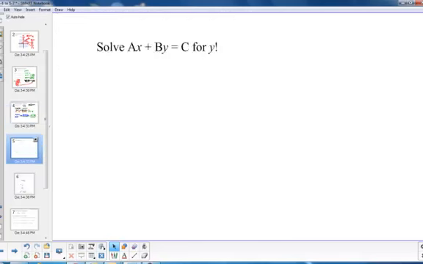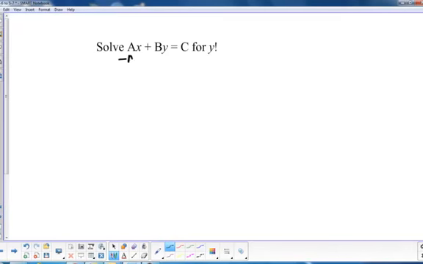So if we're going to just solve with letters for y, we would subtract ax. So we're going to put this into slope-intercept form. This is standard form.